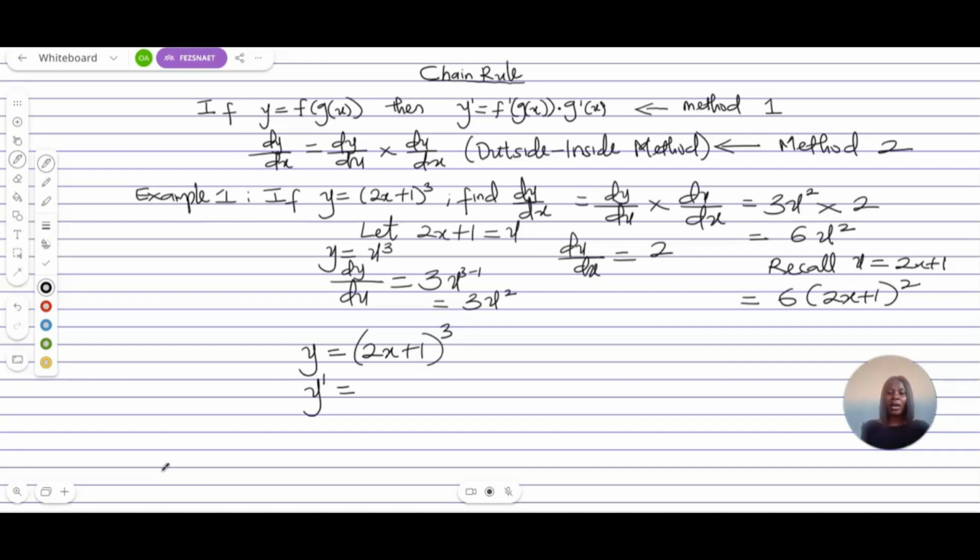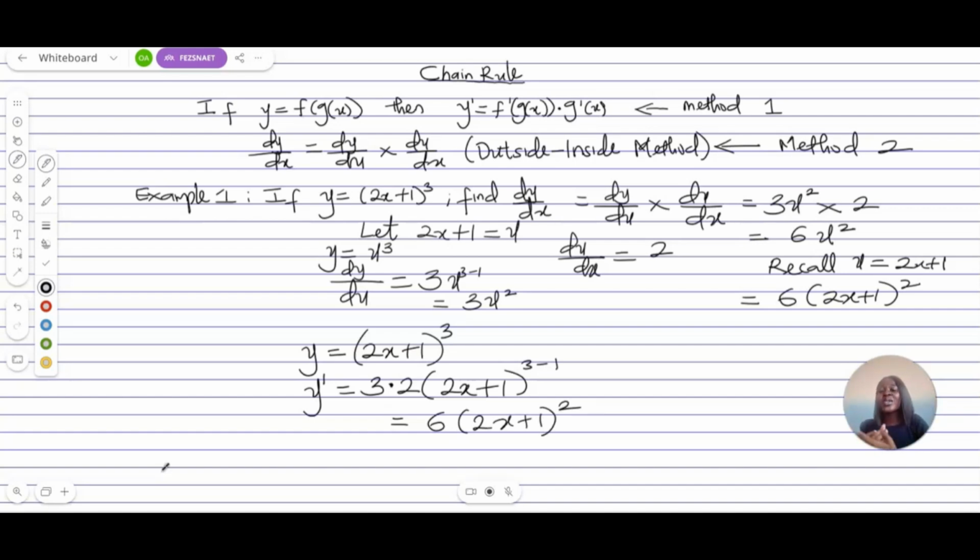So if I bring down my power, it becomes 3. Then differentiate what you have inside. If I differentiate what I have inside, it becomes 2. Then I rewrite the whole of this back, 2x plus 1, and subtract 1 from the power, so it becomes 3 minus 1. So I simply have 6(2x plus 1) to the power of 2. And that's it. It's shorter, right?